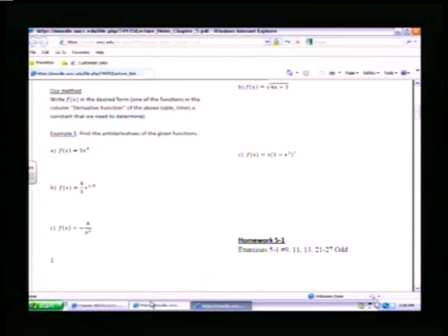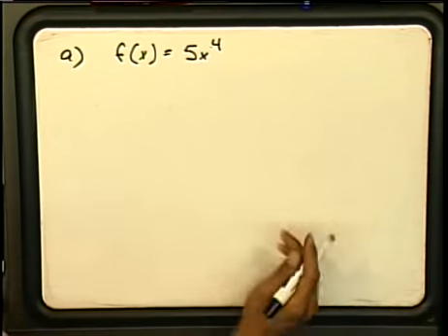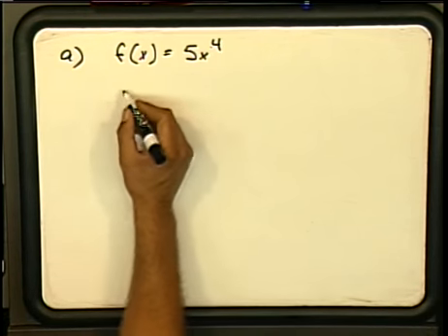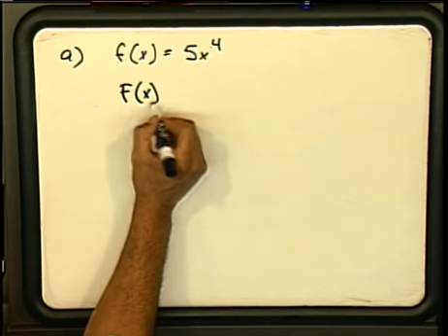We'll start off with A. f'(x) equals 5x to the fourth. We want to find f(x).